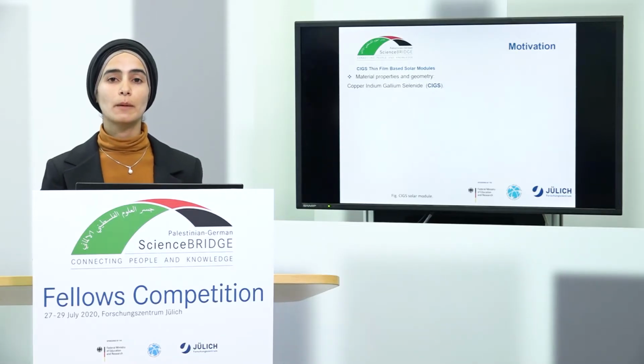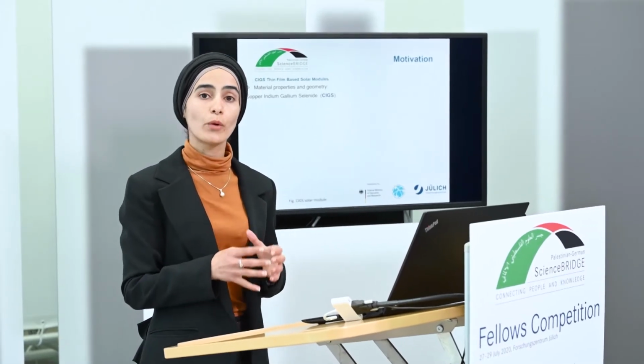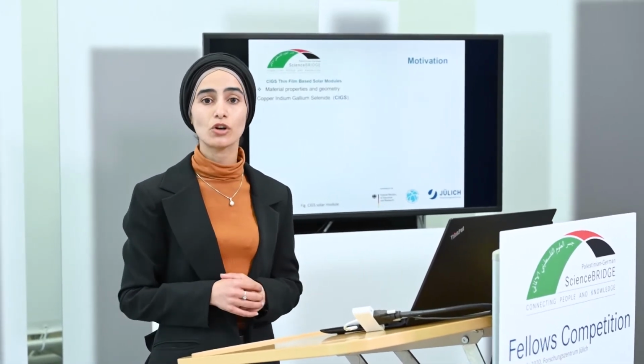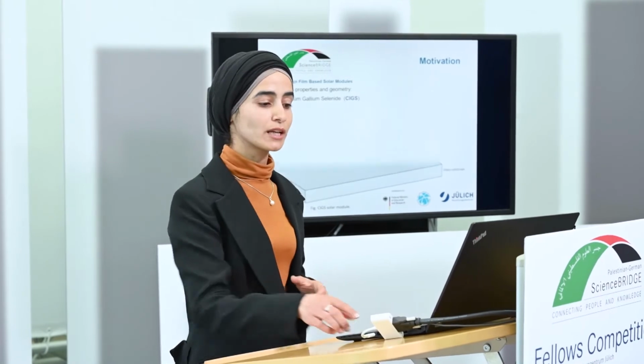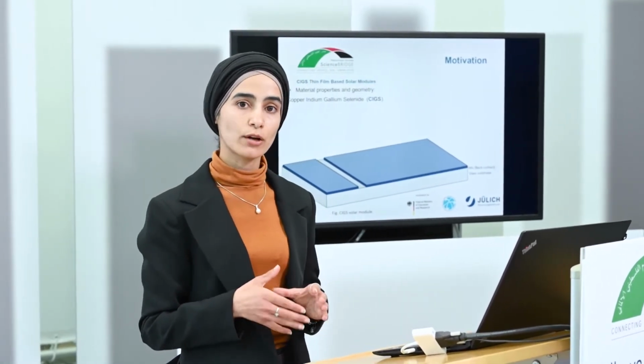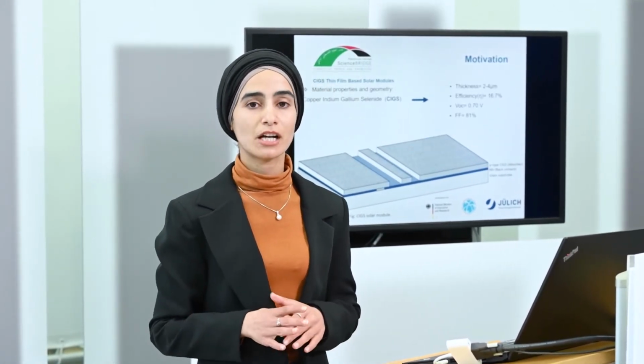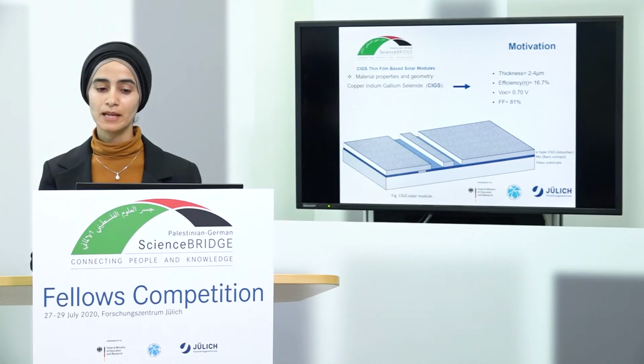I'm dealing with copper indium gallium selenide, or CIGS. And the most common way to produce this type of solar cells is by using glass as a substrate, molybdenum as a back contact, which is a highly conductive material, and P-type CIGS as the absorber layer.